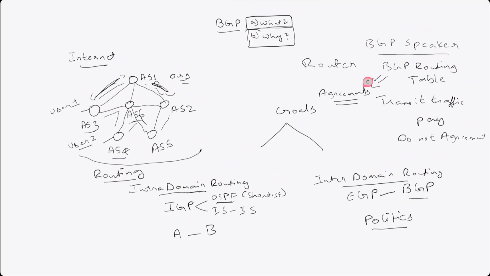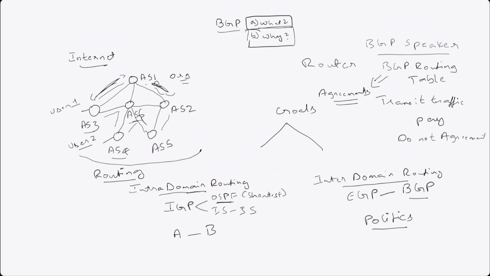So some examples could be policies or agreements in an AS saying that, let's say, any traffic that is traversing AT&T in Australia should not come to us, or we should not use AT&T in Australia because maybe it has a performance issue.